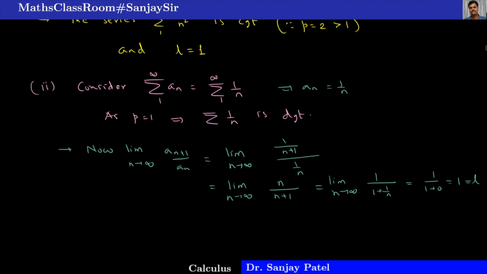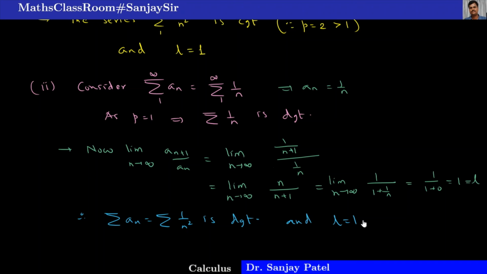Okay. So the conclusion is this. Therefore, sigma a_n, that is sigma 1 upon n, is divergent. Okay. And L is equal to 1.